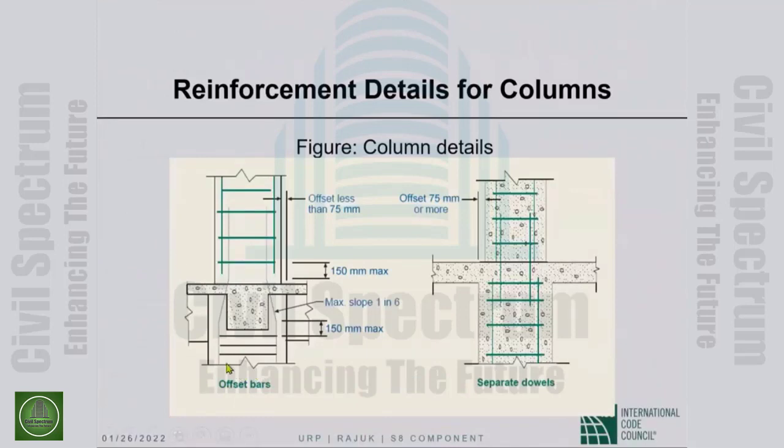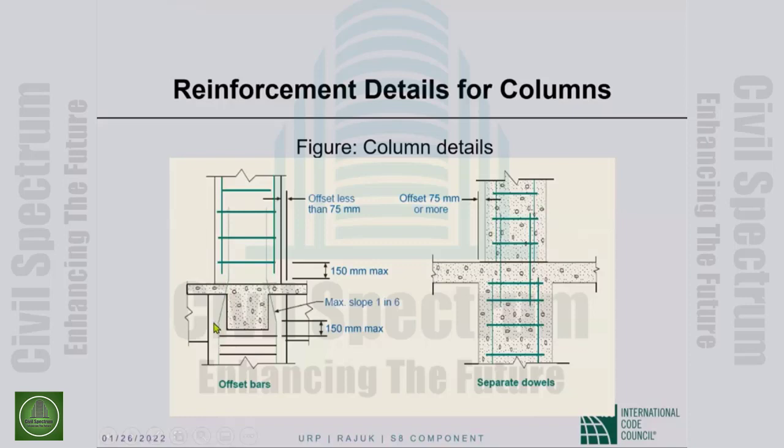So when we talk about offset bar, the lower column is here, the upper column is there. If this offset, this distance from the face of the lower column to the face of the upper column, is less than 3 inches, then you can bend the bar in the lower column into the bar in the upper column.